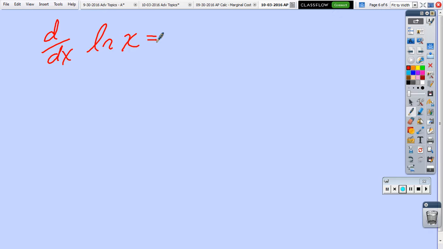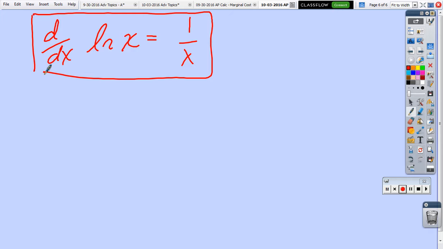This should just be 1 over x. This is one of those specific ones that works out real simple.